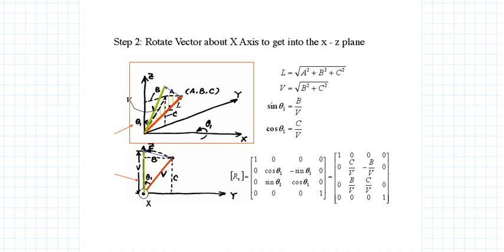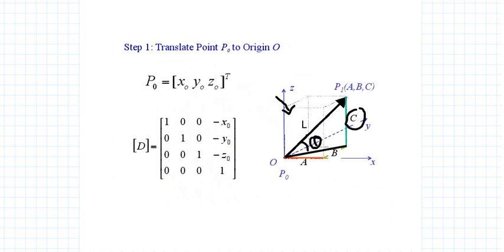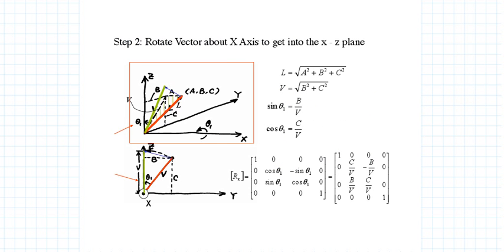Next, the diagram is not clear here. You have to rotate this line, which is now on your xy plane, say by an angle phi, so that it gets aligned with the x-axis.